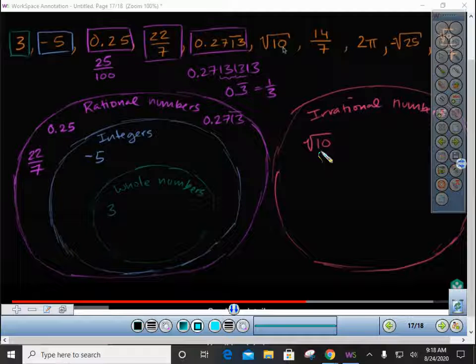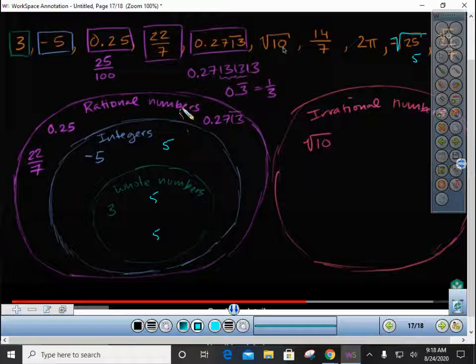But anything that is not a perfect square, for example, the square root of 25, what is that? 5. So that's 5, a natural number, a whole number. Is it an integer? Yes. Is it a rational number? Yes. Because what numbers are rational? All of them.